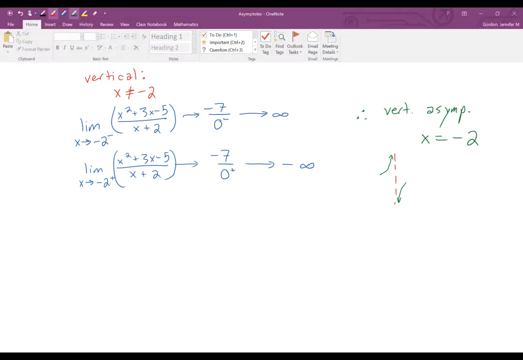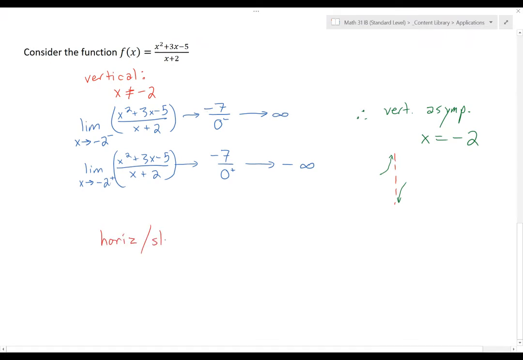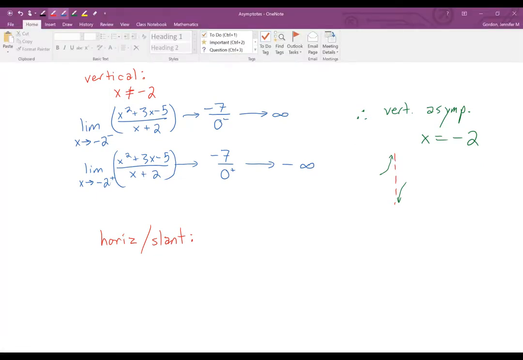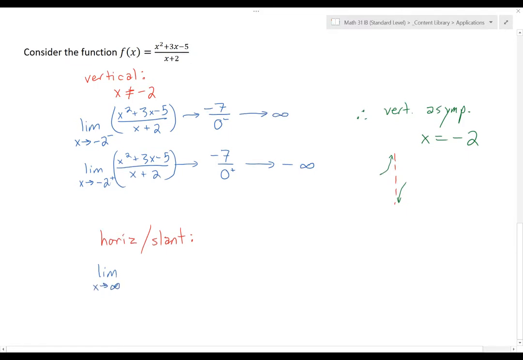For horizontal and slant, I basically start out the same way. I consider what would happen if I was going towards infinity. So the limit as x approaches infinity or negative infinity, it's going to ultimately be the same in both cases, of f of x.